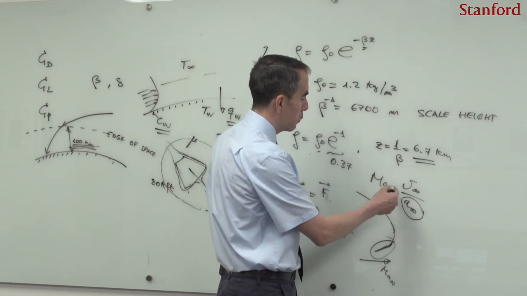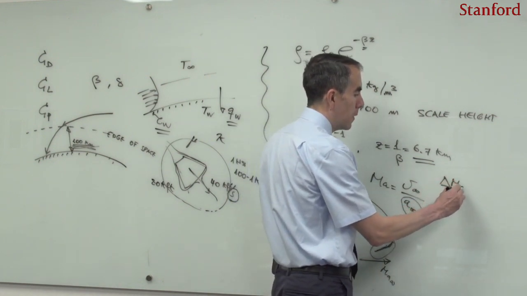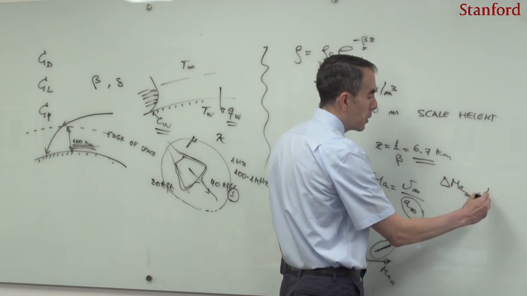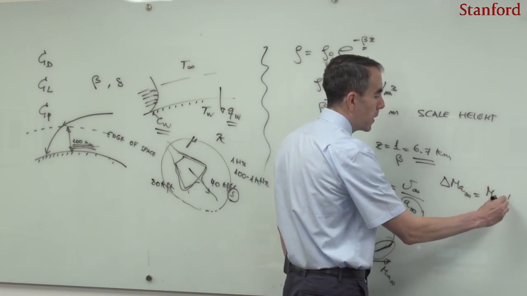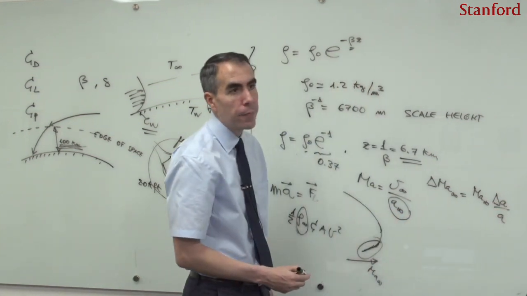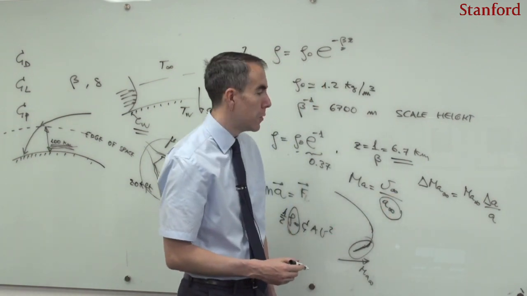As a matter of fact, if you take this and you calculate the variation in the Mach number associated to that variation in the speed of sound, this will be equal to the Mach number multiplied by the variation of the speed of sound relative to itself. I'm just taking variations in this equation.